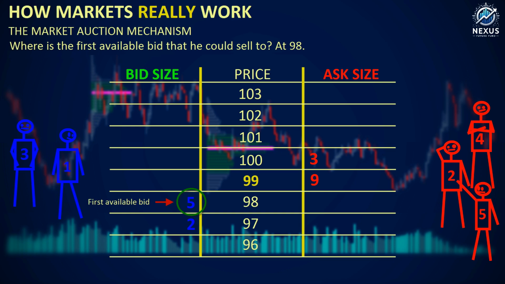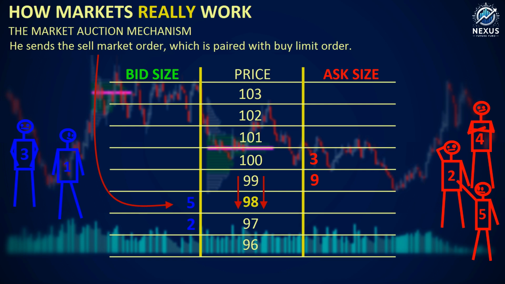Where is this first available buy limit? At the price of 98. So the aggressive seller sends the sell market order and the passive buyer buys from him. Now, because this passive buyer has got his buy limit at the price of 98, the price goes down so it can match the sell market order to this buy limit.